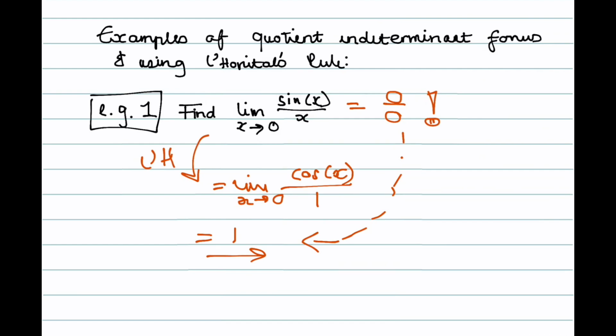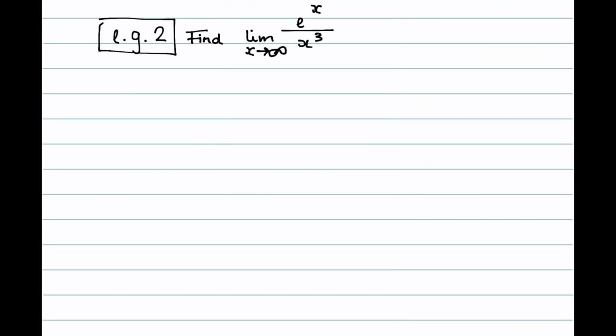So let's look at another example of a quotient indeterminate form. Say now we want to find the limit of e to the x over x cubed as x goes to infinity. Just plugging in infinity, we're going to find that this limit is equal to infinity over infinity, which is an indeterminate quotient form.